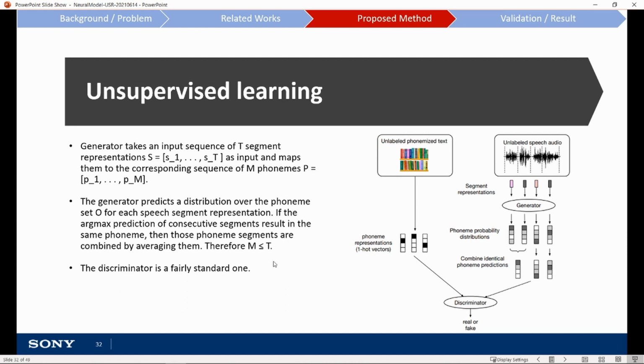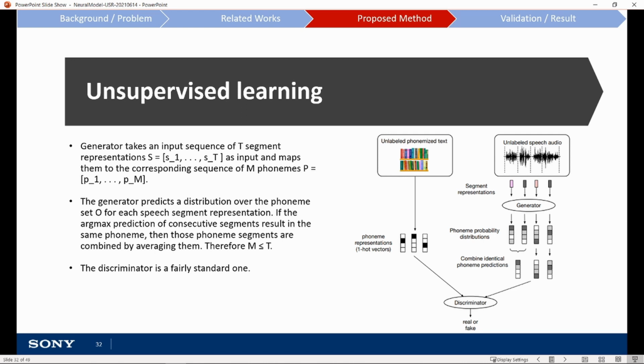So the generator, as I mentioned earlier, takes T segment representations as input and maps them to a corresponding sequence of M phonemes. Now note that this T and M may be different. Why does that happen? The generator first predicts a distribution over the phoneme set for each segment representation. So for T segment representations, the generator will output T phoneme distributions, and if it predicts the same phoneme for adjacent speech segments, then those are combined by taking an average.